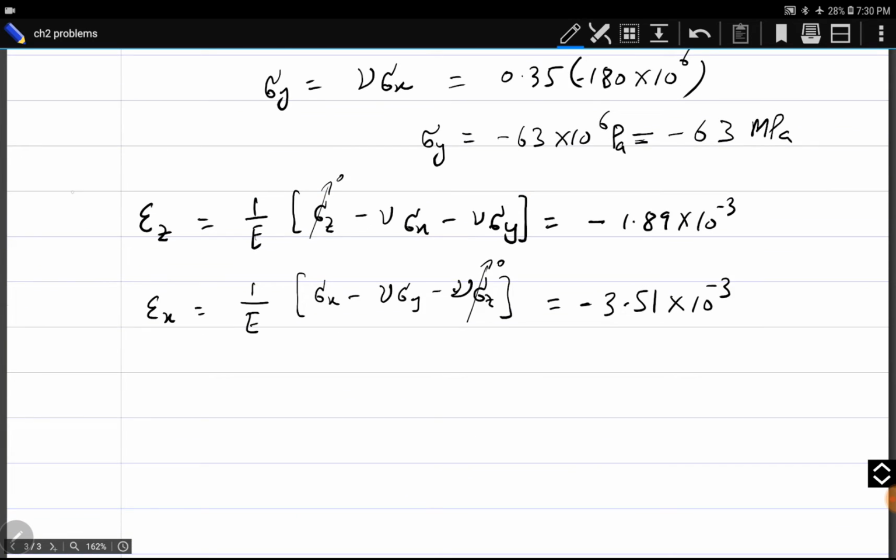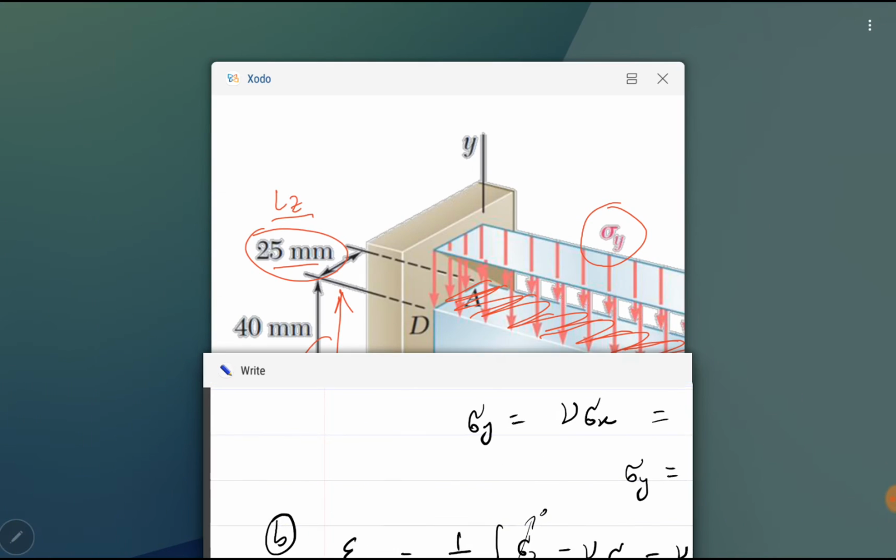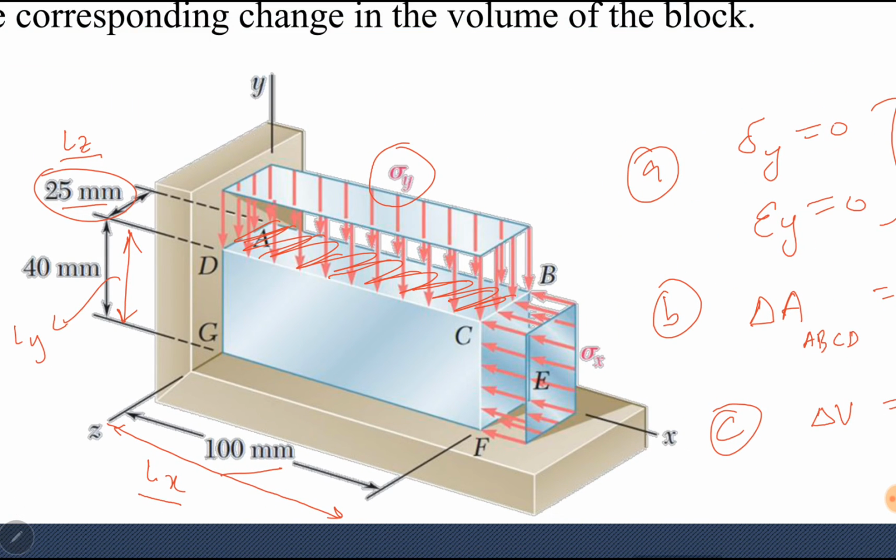Now we are actually solving part B. Initial area of surface ABCD is the product of length in x direction and length in z direction, Lx multiplied by Lz.